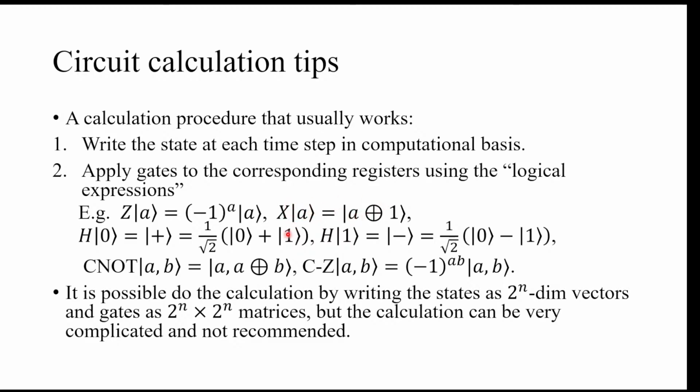And the Hadamard on 0 becomes the plus state, which gives you more states: one computational basis state becomes two. So you have 0 plus 1 up to some normalization, and the Hadamard on 1 becomes 0 minus 1 with normalization. And also CNOT on AB is A and A⊕B, and controlled Z on AB is (-1)^(AB) AB. So we have this calculation rule.